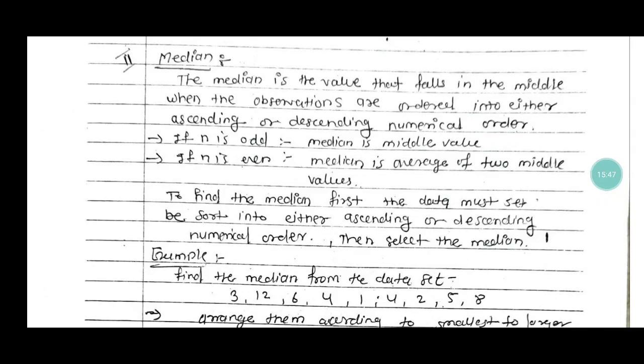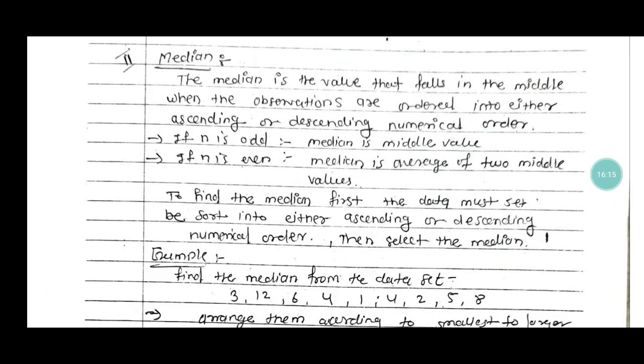Means if we have 5 or 6 numbers, 5 is odd and 6 is even. For 1 to 5 we pick 3 as the middle number, and for 1 to 6 we take the average of the two middle numbers, 3 and 4.